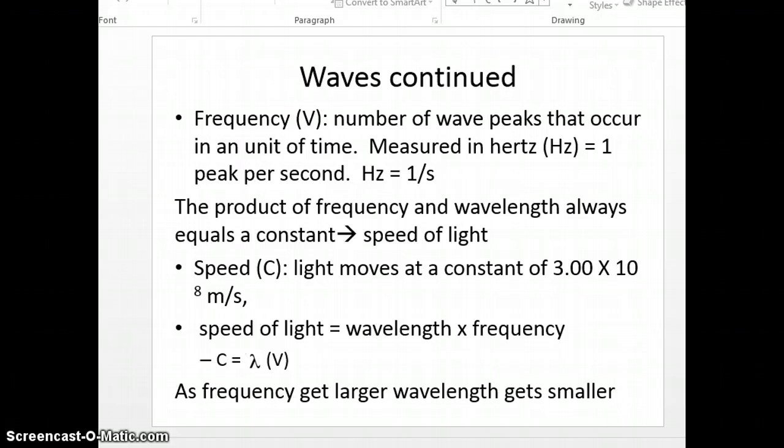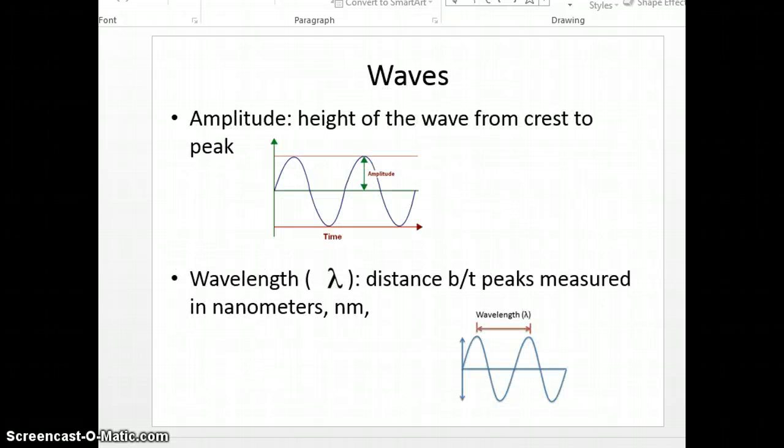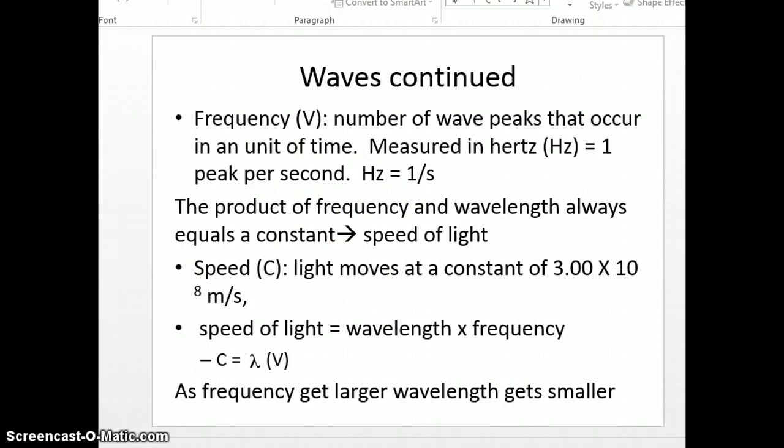So we have this formula: the speed of light is equal to the wavelength times its frequency. Again, wavelength is the distance between peaks, and frequency is the number of wave peaks that occur in time. So that C, the speed of light, is a constant.